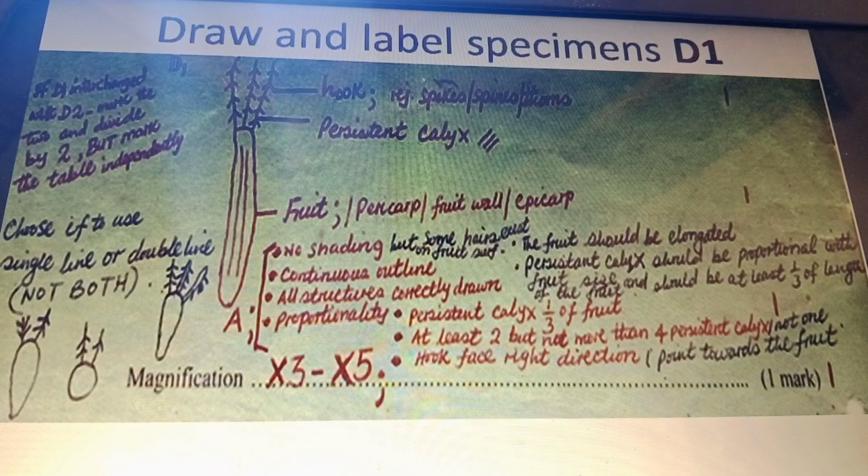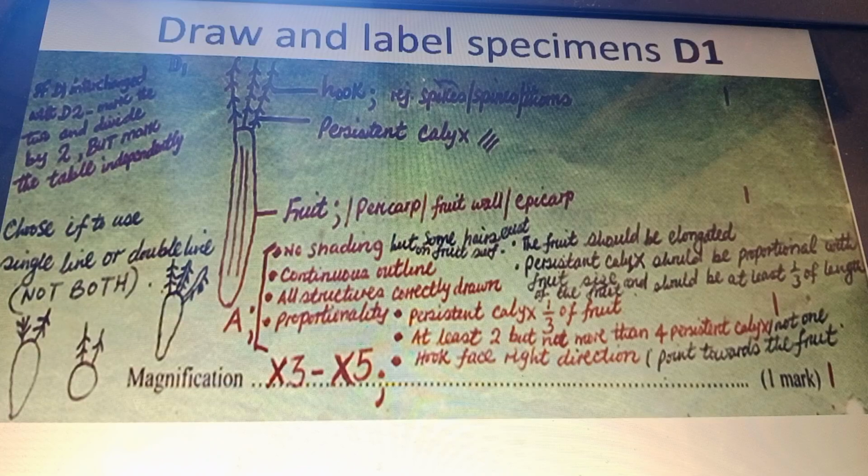So, there are other writings there which can assist you. The fruit should be elongated. Persistent calyx should be proportional with the fruit size, and it should be at least 1/3 of the length of the fruit. Those are the writings in black.